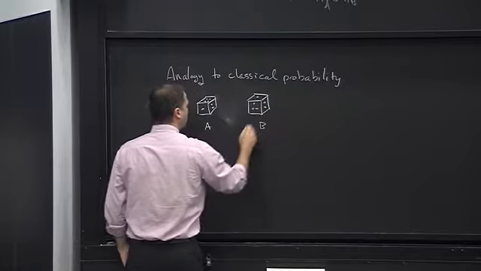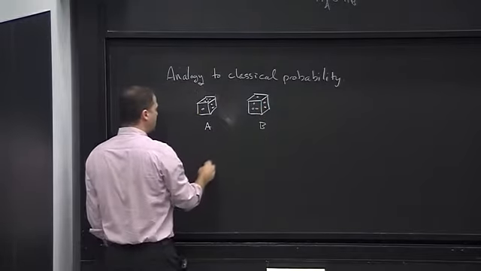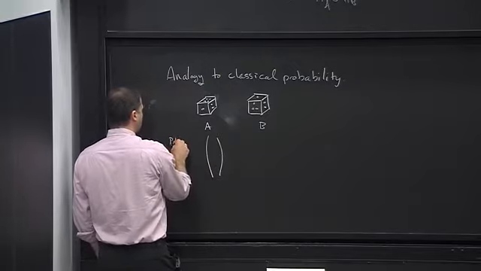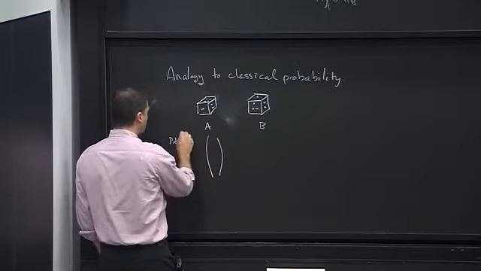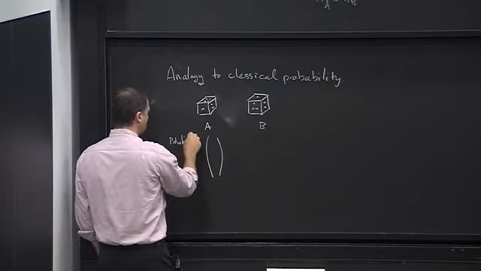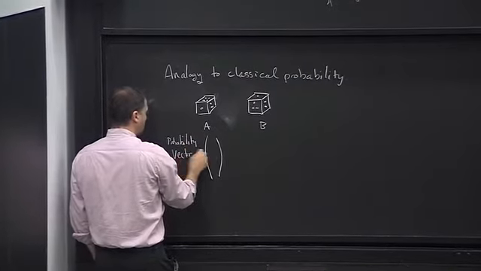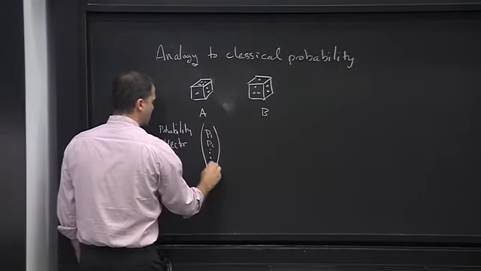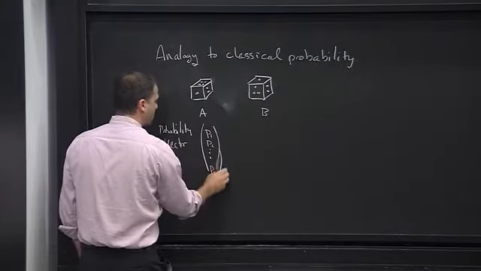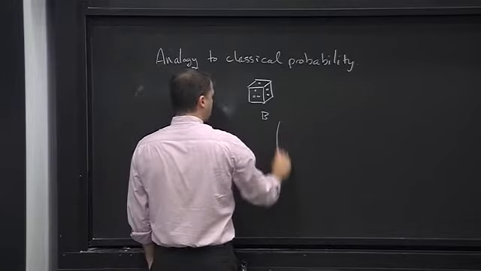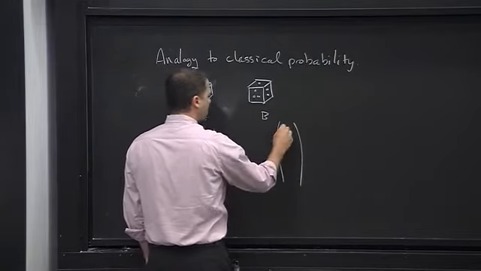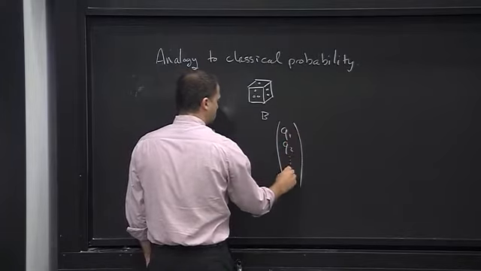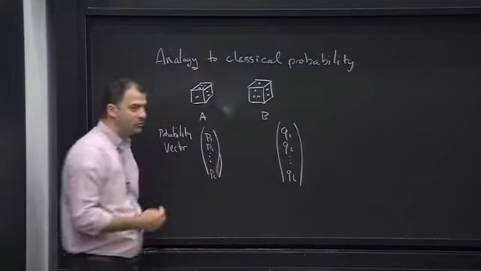This is die B, and I have a probability vector associated with each face of the die. So I have probability P1, P2, all the way down to P6. And here I also have another probability vector associated with the second die. So these are in general biased, so they need not be uniform probabilities.